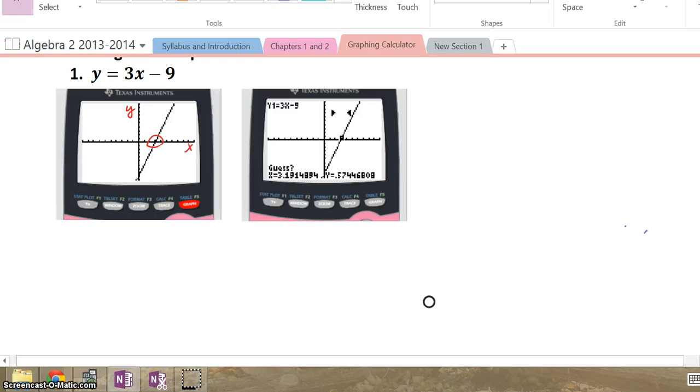Okay, so what we did here was we have these two arrows, and these two arrows are saying, okay, we want to find the x-intercept between those two x values, and that's what we're looking for. As you know from graphing quadratics or absolute values or all kinds of functions, you can have multiple x-intercepts.